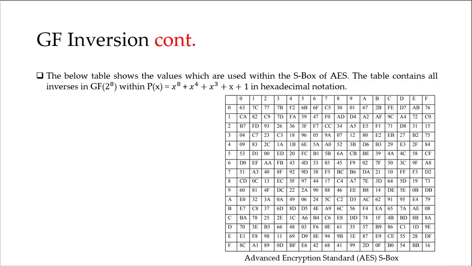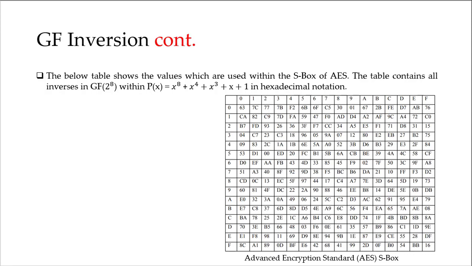The table below shows the values which are used within the S-Box of AES. The table contains all the inverses in GF(2^8) with p(x). Here p(x) equals x^8 plus x^4 plus x^3 plus x plus 1, in hexadecimal.